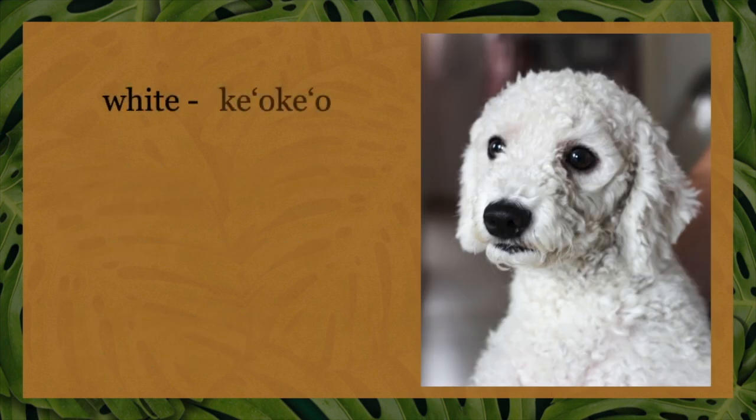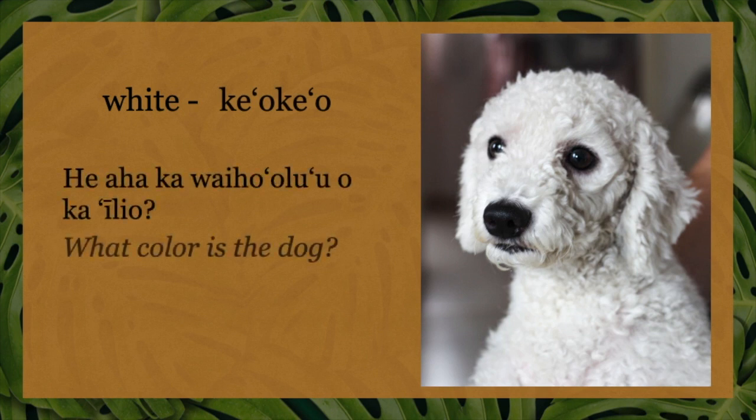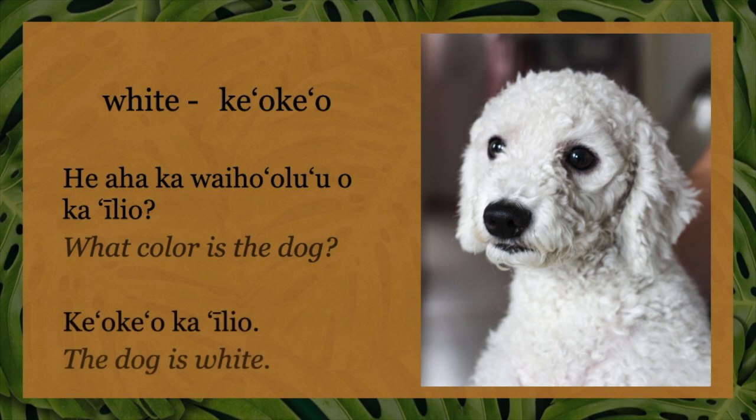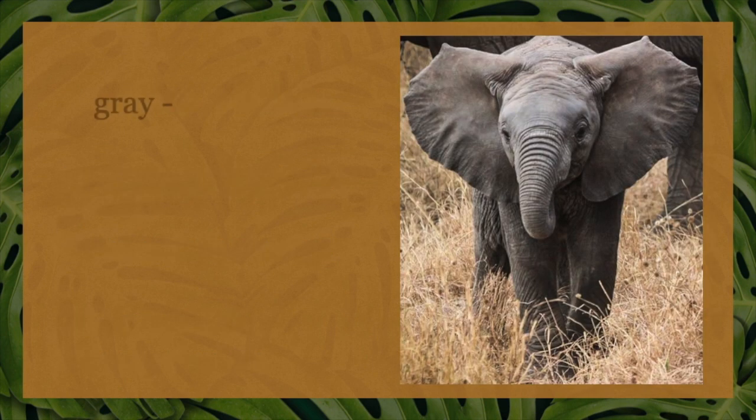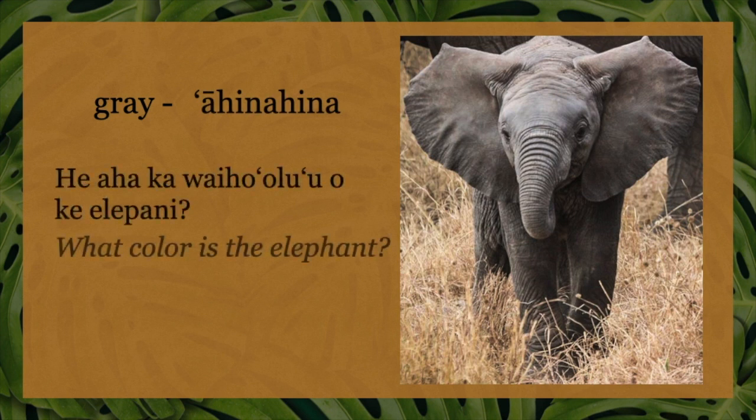White, ke'o ke'o. He aha ka waiho'olu'u o ka ilio. What color is the dog? Ke'o ke'o ka ilio. The dog is white. Gray, ahina hina. He aha ka waiho'olu'u o ke elepani.